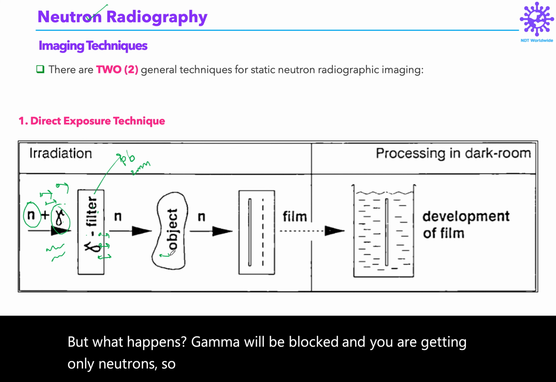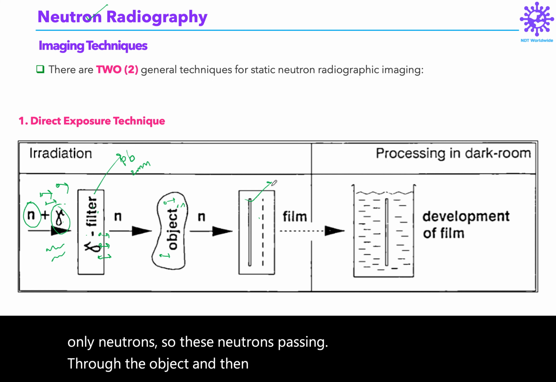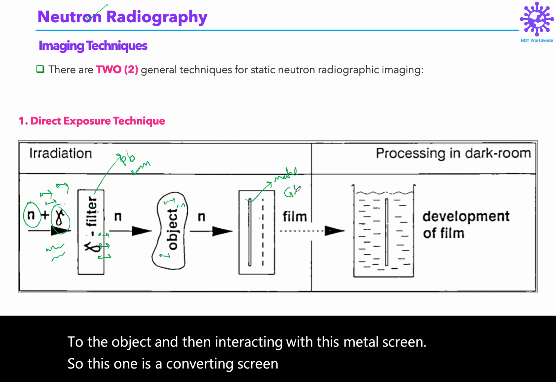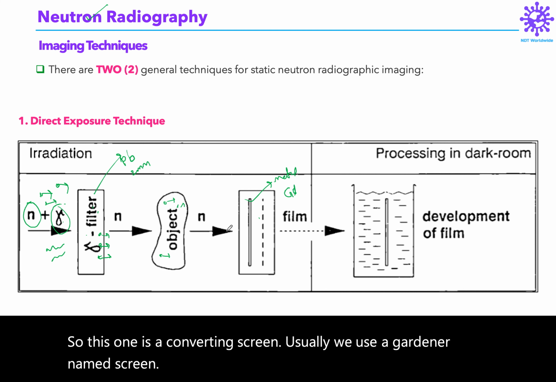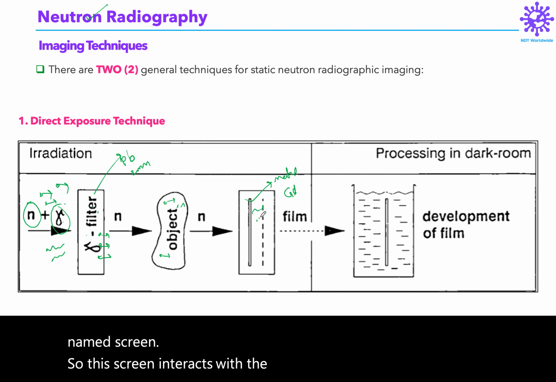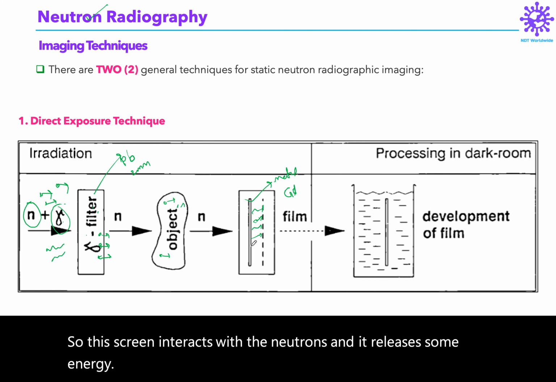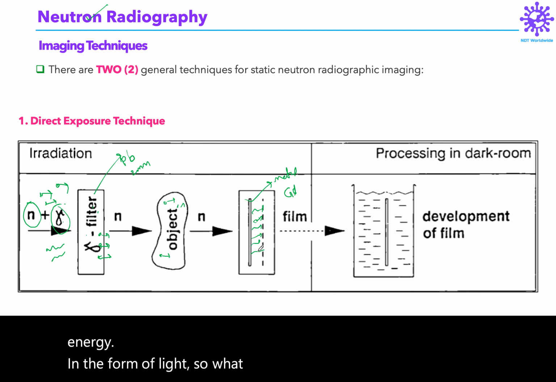These neutrons pass through the object and then interact with this metal screen. This one is a converting screen. Usually we use a gadolinium screen. This screen interacts with the neutrons and releases some energy in the form of light. So the film will get exposed. Here the concept is very simple.